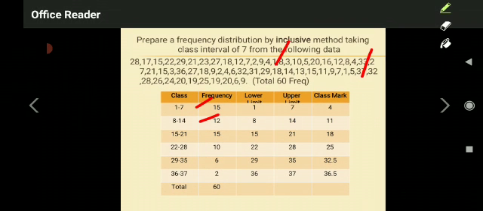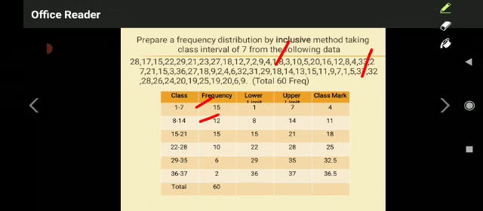In the second class interval, between 8 to 14, there are 12 observations. And in the third class interval, 15 to 21, there are 15 frequencies. In the fourth there are 10 observations. In the fifth there are 6 frequencies. In the last class interval, between 36 to 37, there are only 2 observations.